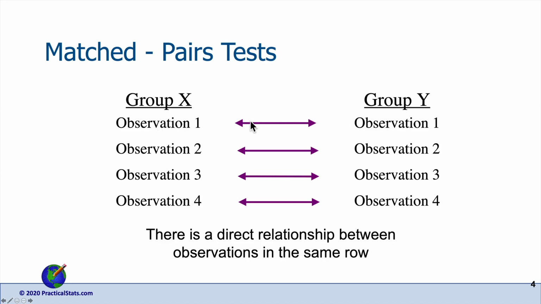There's a direct relationship between them. And so the methods that we're going to be using will be taking the value for the observation number 1 in group X and subtracting off the observation number 1 in group Y to form a column of differences out here on the right. And the statistical tests will be actually on the column of differences.